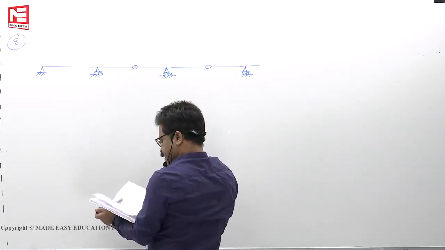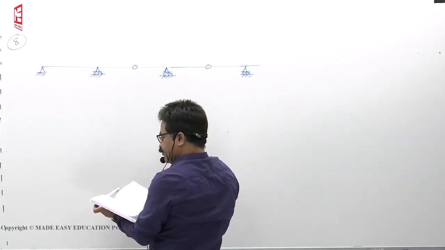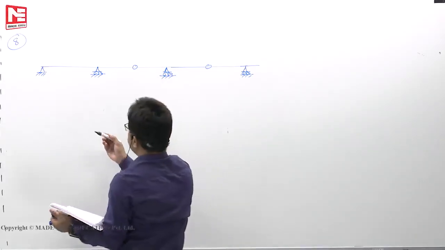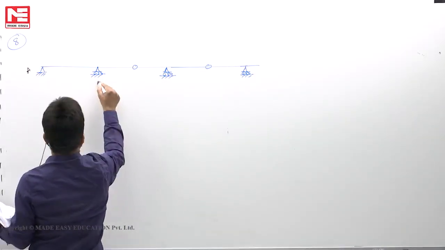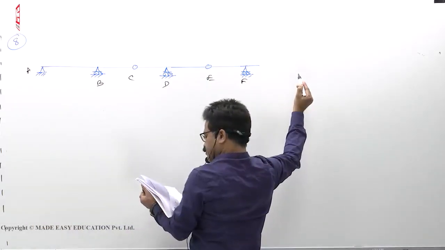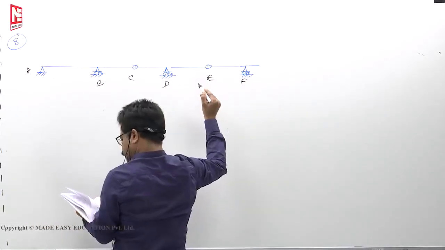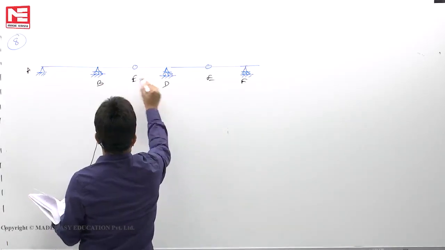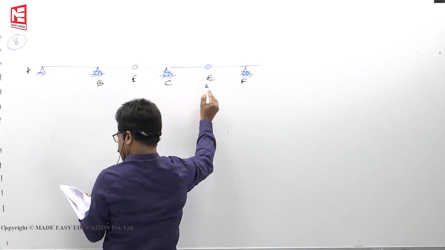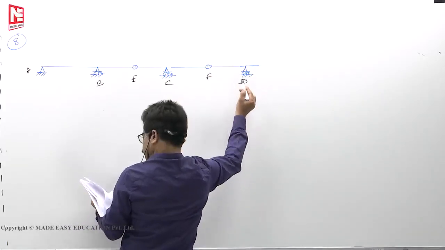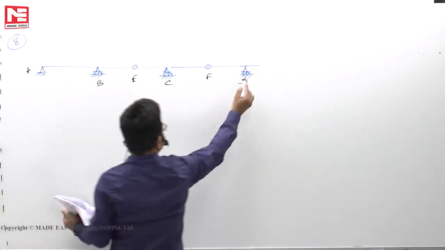Now what is the ILD for reaction at B? Let us say the points are A, B, C, D, E, F. He has taken E, A, B, C, F, D, something like that. Some overhang also was there.